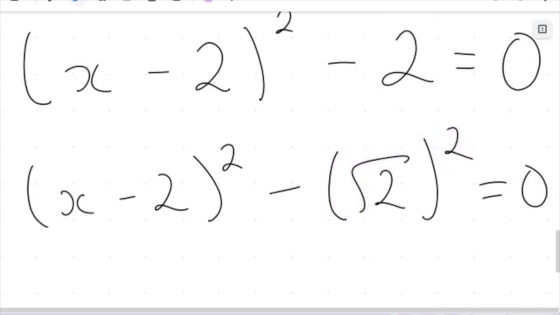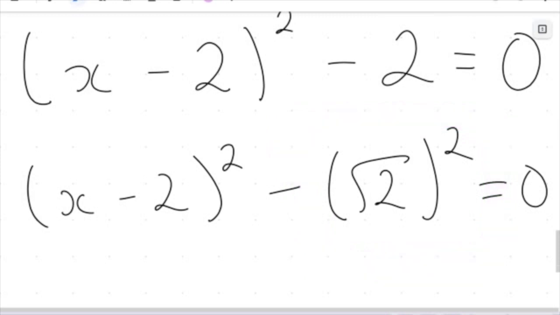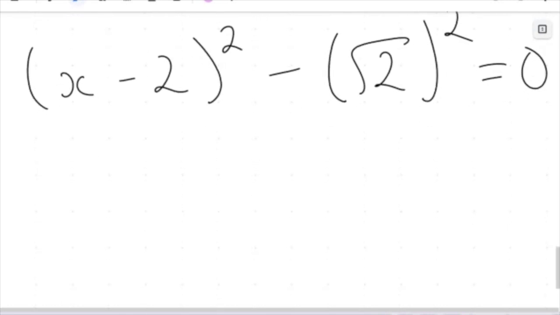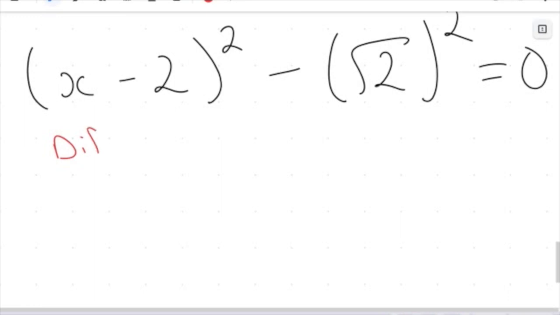So, this is a valid way of expressing 2. So we haven't changed anything on my left-hand side. That's the most important idea here. Now here we have a difference of 2 squares.